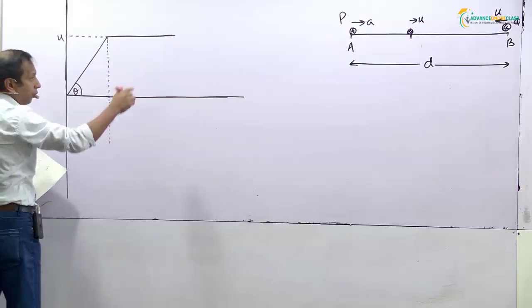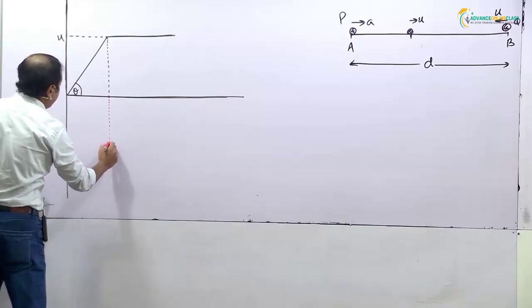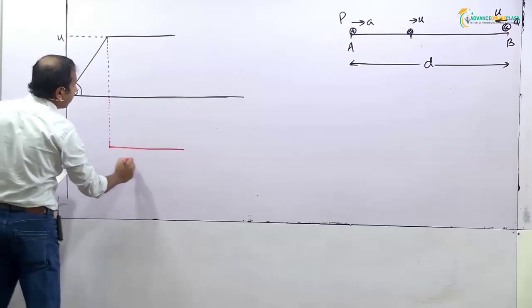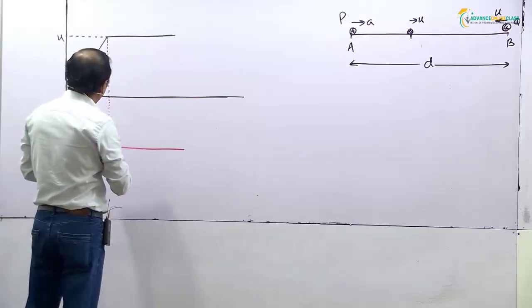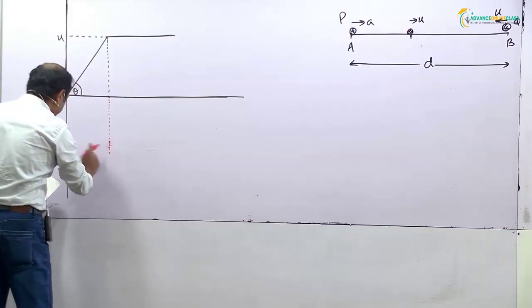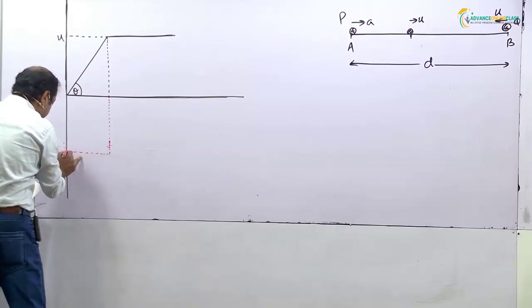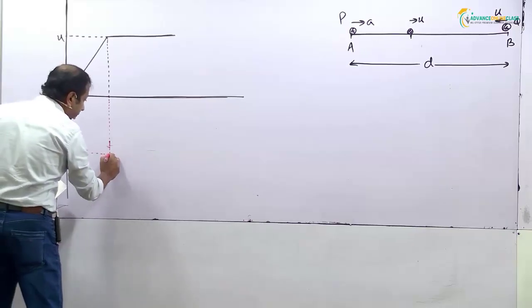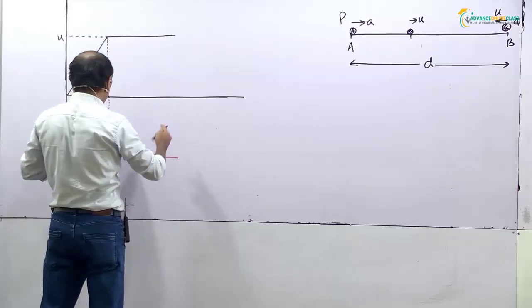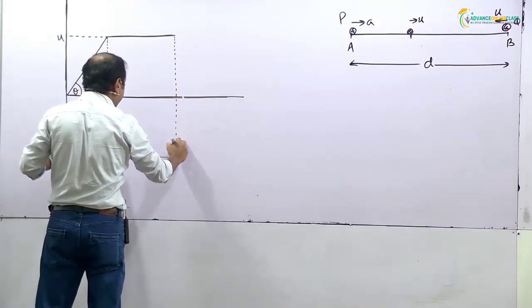No. Q starts as the particle P gets the velocity U. This is the VT graph. Negative U. This way we can construct the VT graph.